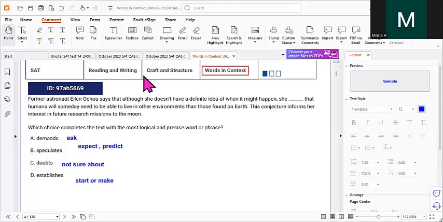Mister, what does conjecture mean? Mister?